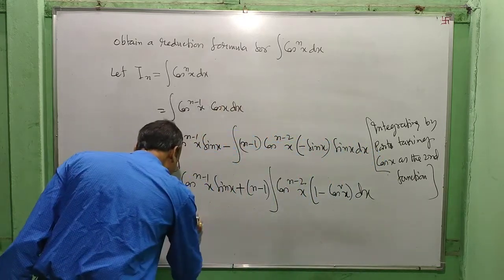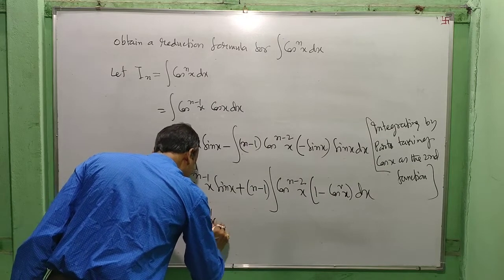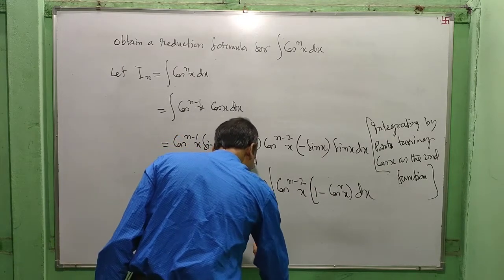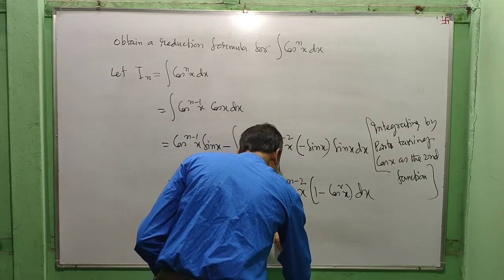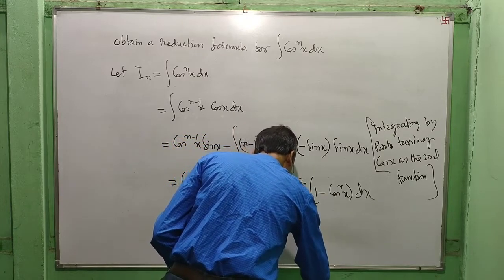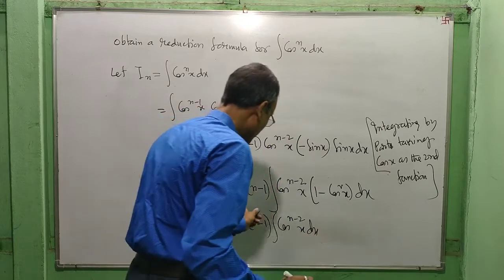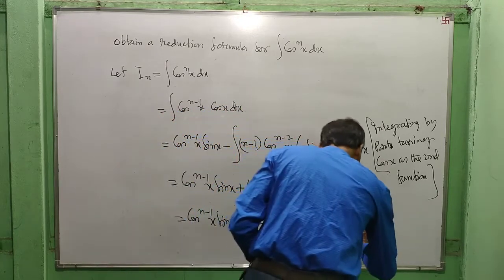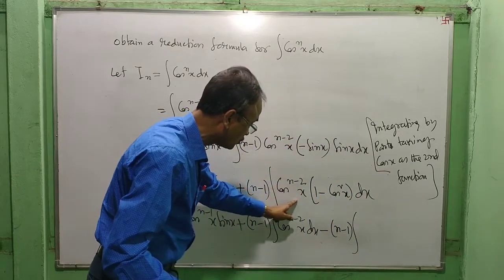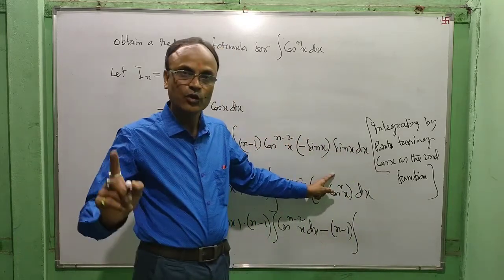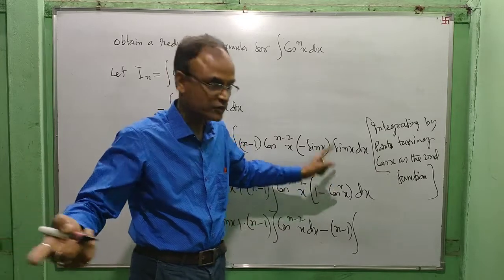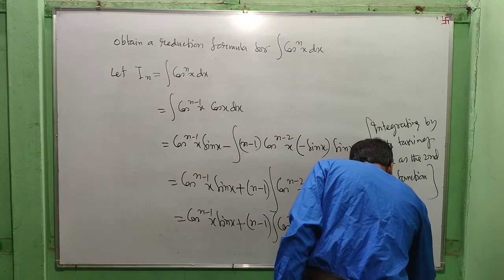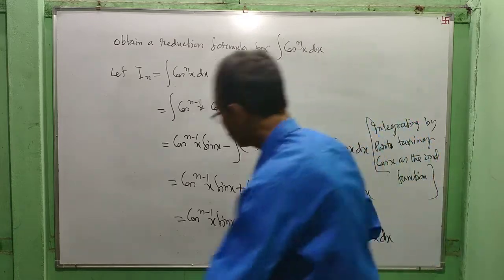This is equal to cos to the power n minus 1x into sin x plus n minus 1 into integration cos to the power n minus 2x dx, minus n minus 1 integration cos to the power n minus 2x into cos square x. Cos to the power n minus 2x into cos square x will be equal to cos to the power nx.